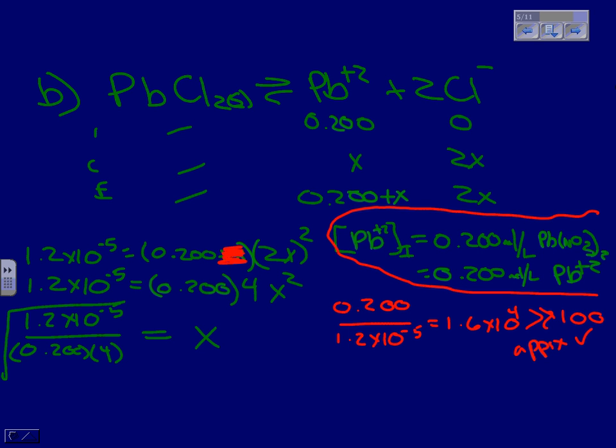That drops my square away and leaves me with an x. So that's 1.2 times 10 to the negative 5 divided by 0.2 divided by 4, then square root the entire thing. And whether you do that in one shot is whether you have awesome calculator manipulation skills.